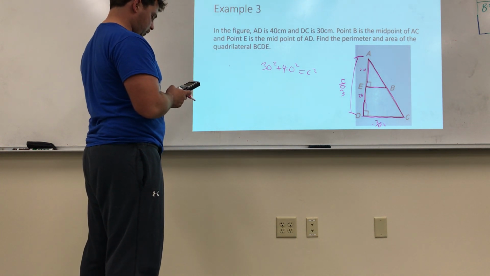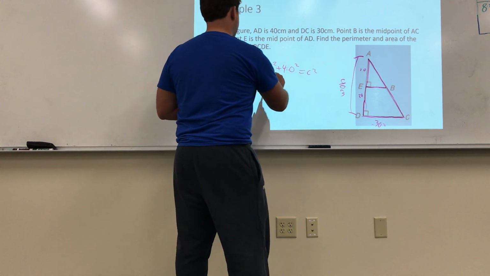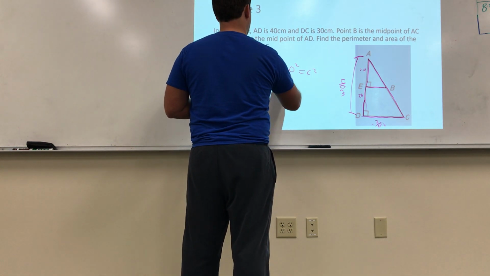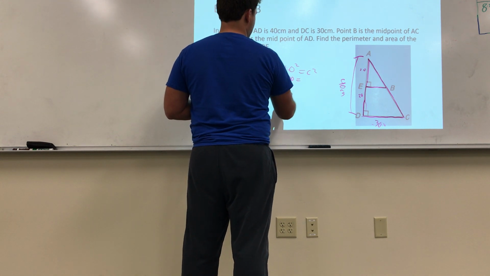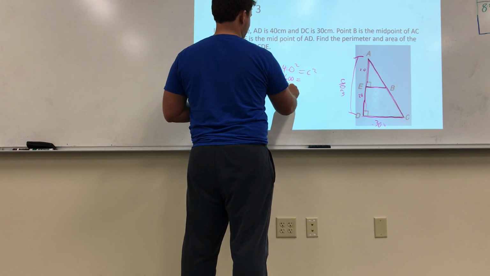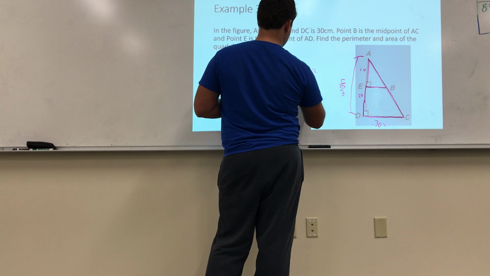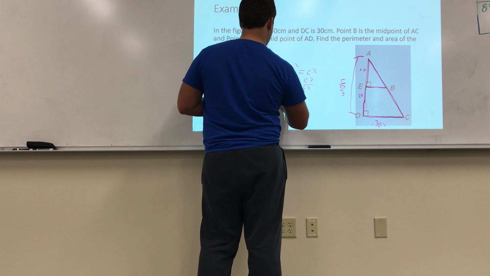Okay, 30 times 30 is 900. Plus 1,600. Alright, so that's going to give me 2,500. When I take the square root, that's going to be 50.